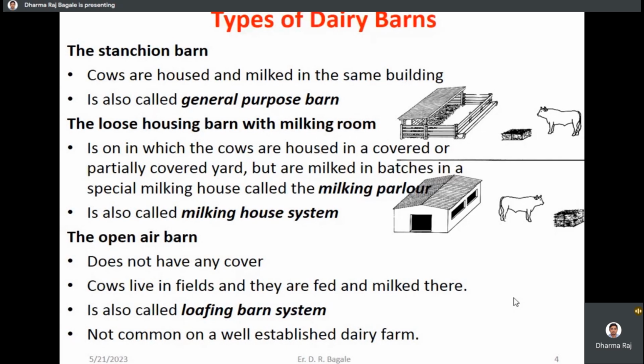We can see in our Nepalese context also, especially in the high hills, different types of local breeds of cows are raised in the kharkas.